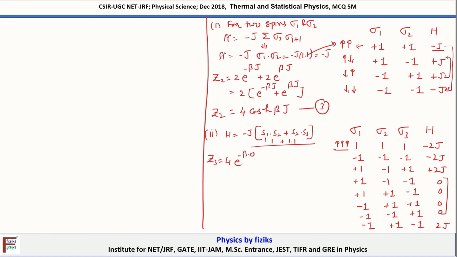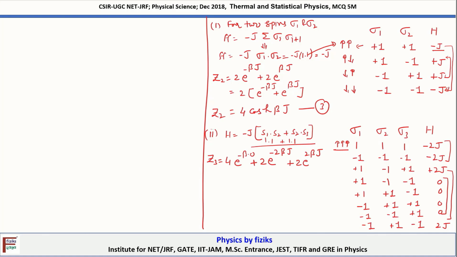Now the second situation: we have 2 terms with energy plus 2J, so a degeneracy factor of 2, and then exponential of minus beta multiplied by 2J, so minus 2 beta J. Plus the last energy terms with energy minus 2J, so the degeneracy is again 2, times exponential of minus minus, which becomes plus 2 beta J.